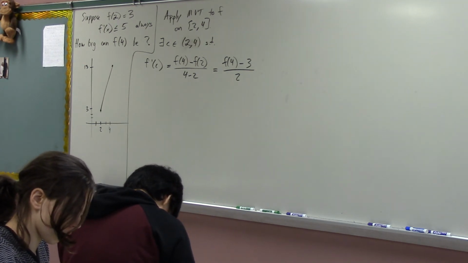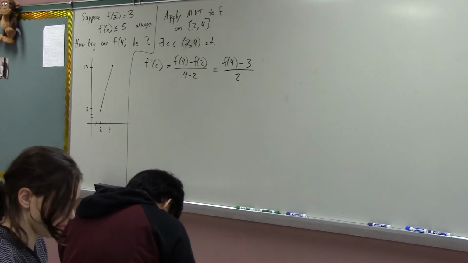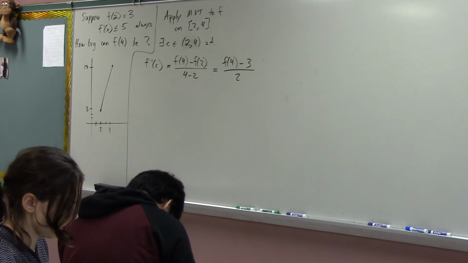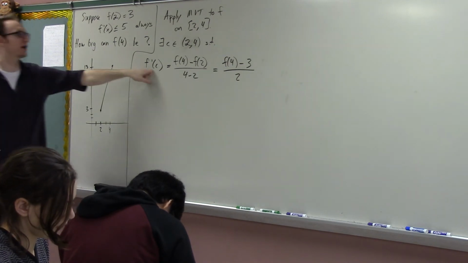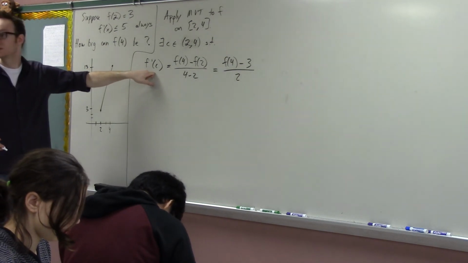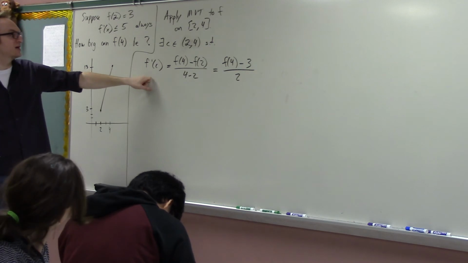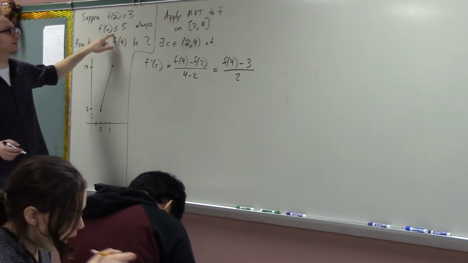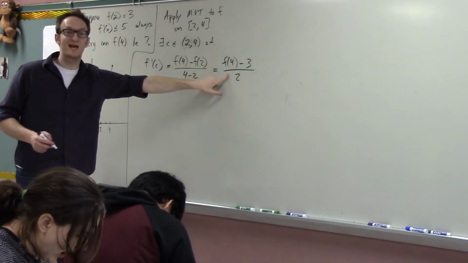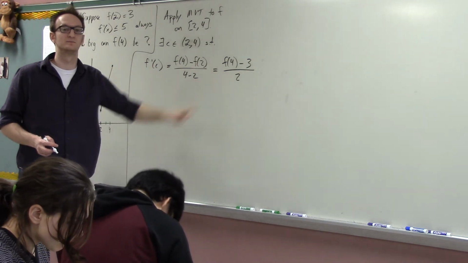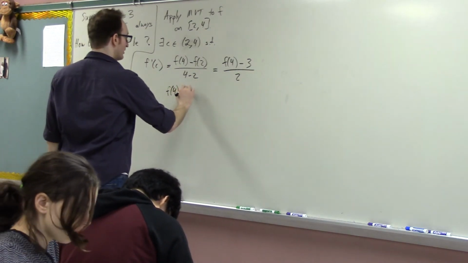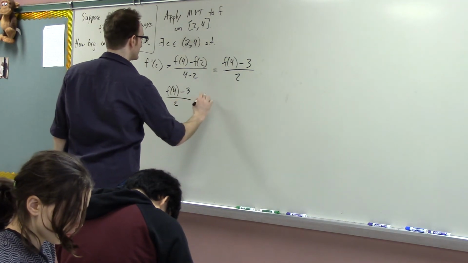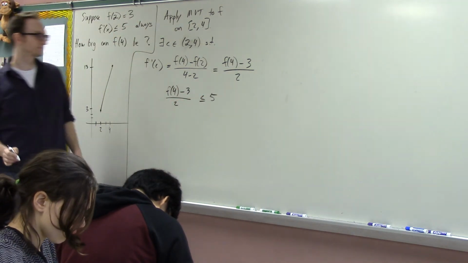So the mean value theorem says there's some point c where the derivative is equal to that. But then what do I know about f prime of c for sure? It has to be less than or equal to 5. So if f prime of c has to be less than or equal to 5, then this has to be less than or equal to 5, right? So suddenly I have that f of 4 minus 3 over 2 has to be less than or equal to 5.